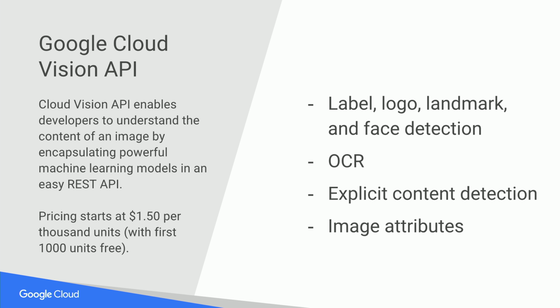So a few details about the APIs and about the machine learning engine. The Cloud Vision API is accessible through a simple REST API. It can detect labels, logos, landmarks, and faces. An example that we might use in my customer success application is I might want to find all of the photos of my product in certain verticals.